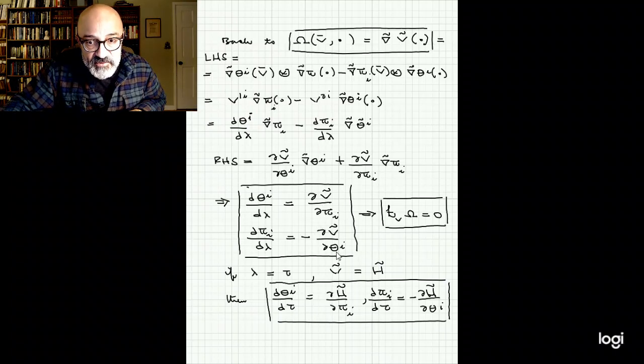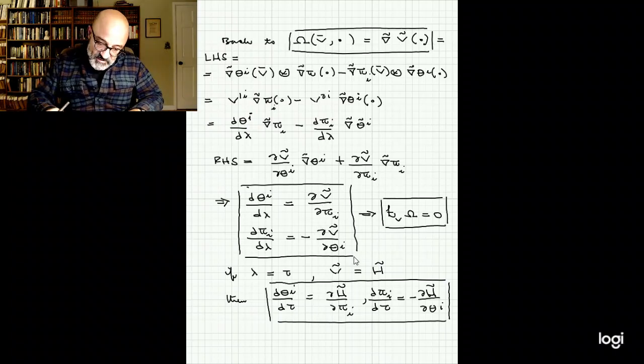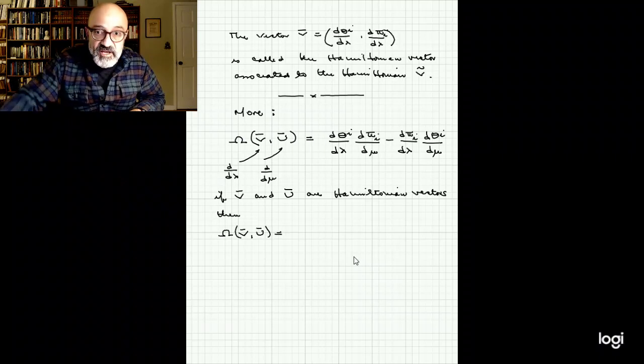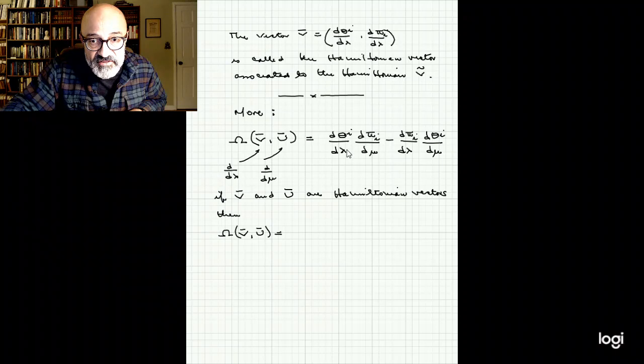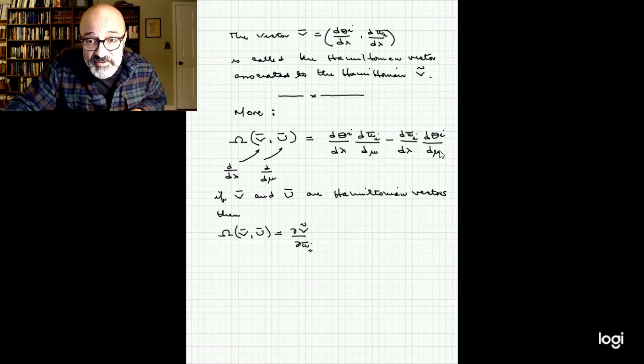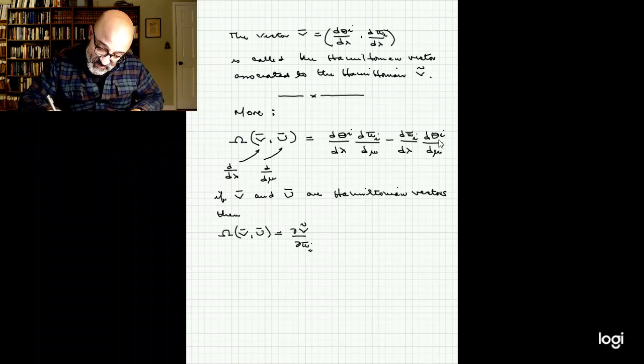By Hamilton's equations. So let us substitute v, u. What we have for d theta d lambda is dv, d pi. And what we have for d theta d mu, there is a minus sign.